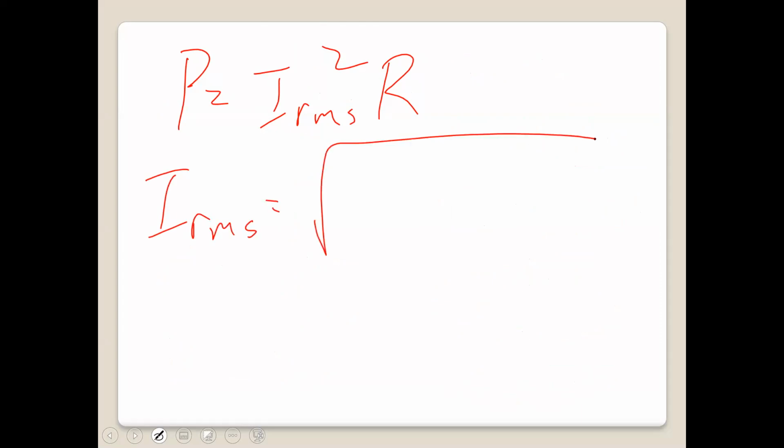Square root. Now this is where it becomes tricky. You're going to put in, of course, the IDC is 0. Remember we didn't have a DC component.